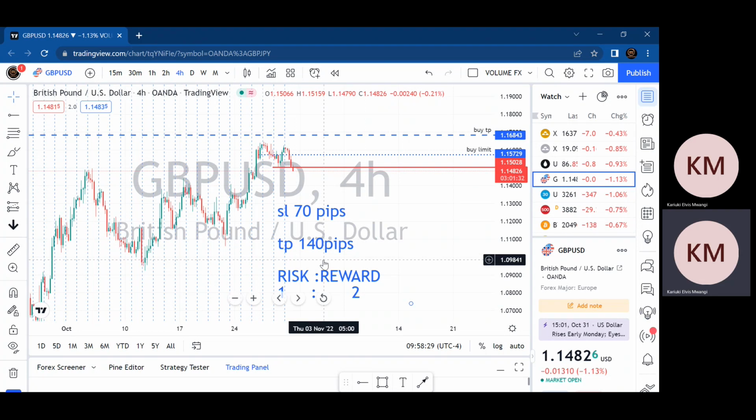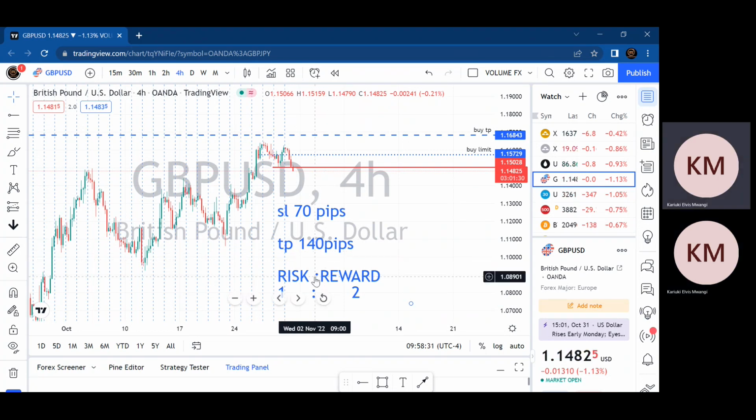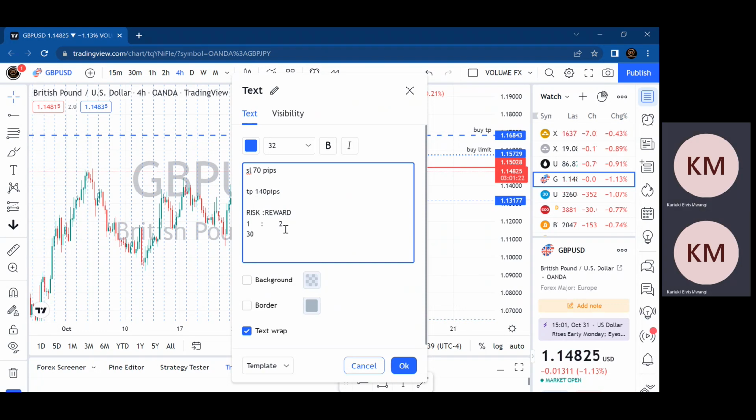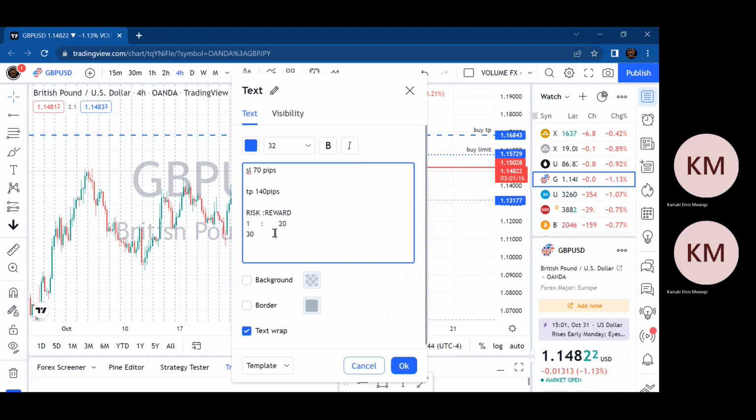Let's do that math. I'm risking 30 pips with a risk to reward of 1:20. It means that it will be 600, not 900. Sorry, 600 pips.